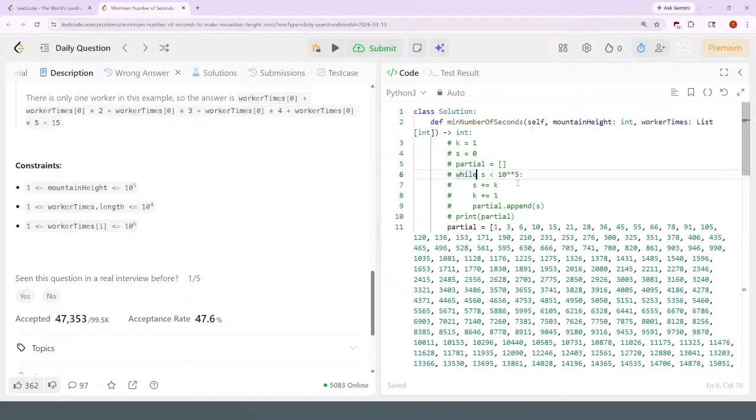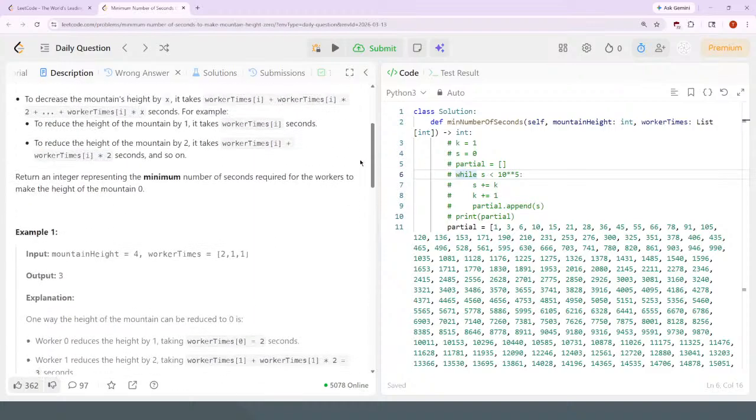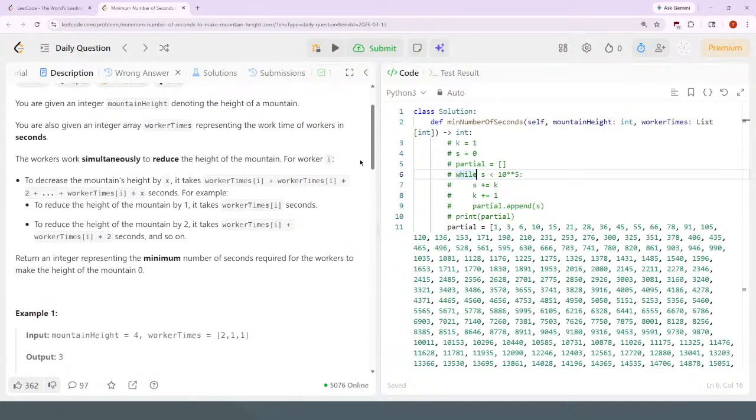Yeah, this needs to be k is less than or equal to, k is less than 10 to the 5th, rather than s. I wonder if there's a better way of doing this rather than doing binary search.